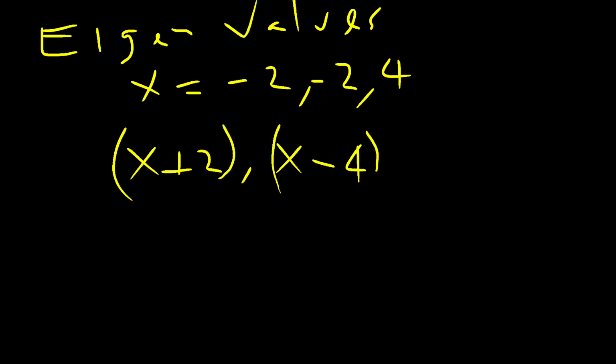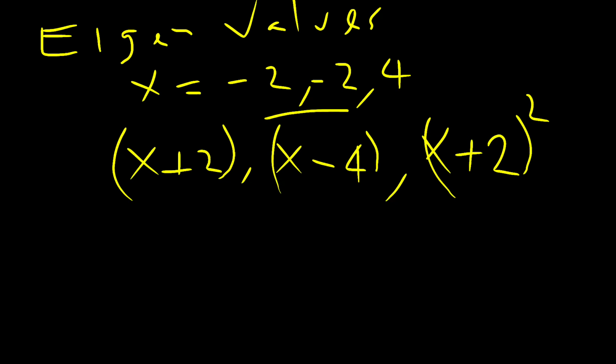And you can see also x plus 2 squared. Why are we saying squared? Because it's from here: repeated roots are squared. And again, the characteristic polynomial itself.